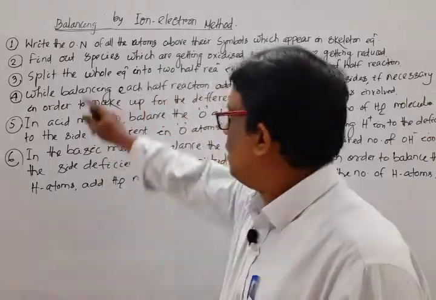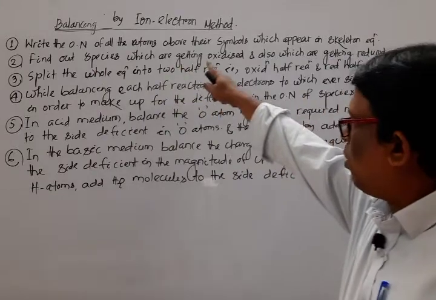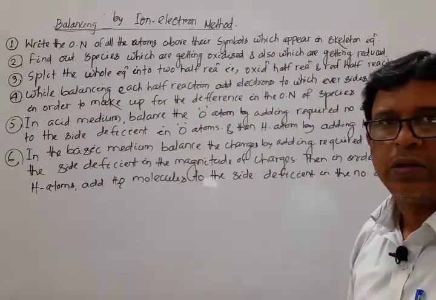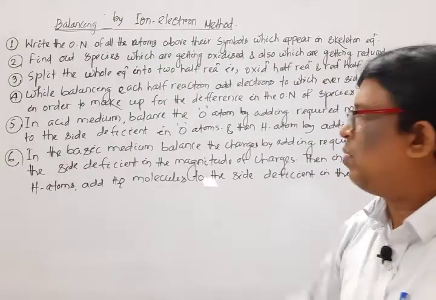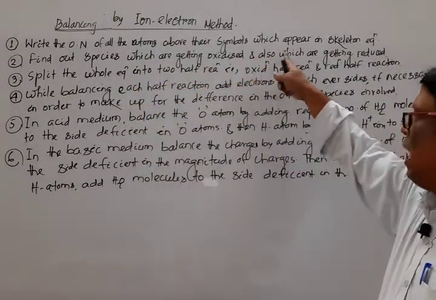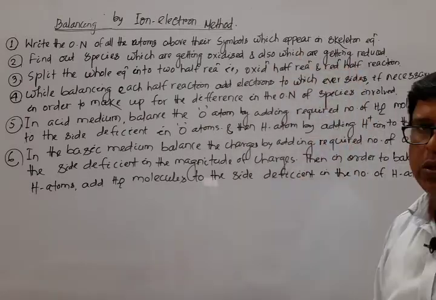Mark that. Write the oxidation number of all the atoms above their symbols which appear in the skeleton equation. First point. Move to the second point. Find out the species which are getting oxidized and which are getting reduced.